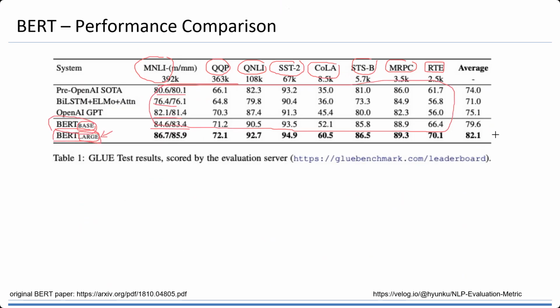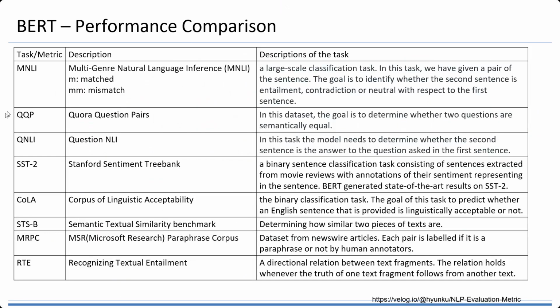And BERT with the larger model shows the biggest score compared to the other systems, in terms of those tasks. So what are they? We can take a look at the performance comparison on those tasks.